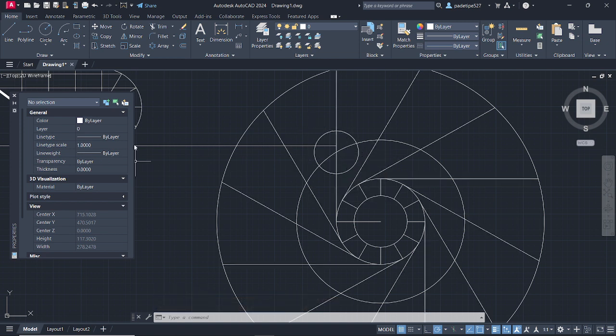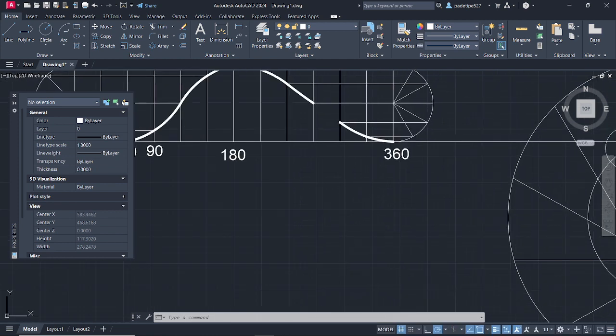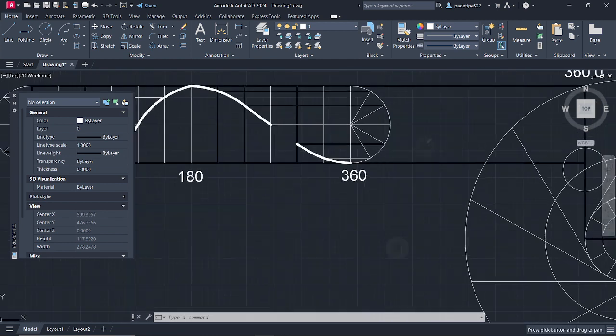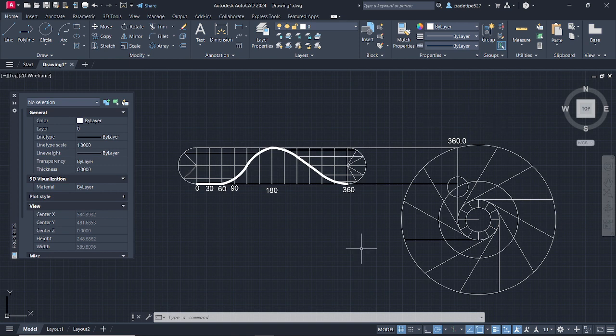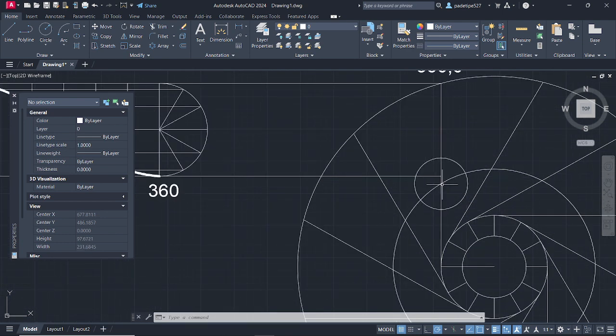Good. Now, from the graph here, we know we're starting from 0, and because the cam is moving in this direction, the follower will be going in this direction. All right. So that means 0 to 60 will still be on the 0 mark. So this is our 0 mark, 0 to 60.